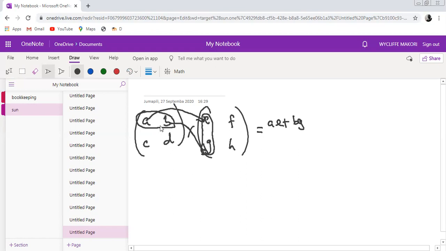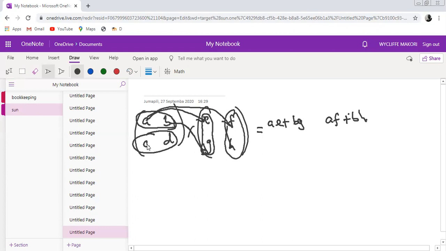Then after doing that, we go to this first row, and then it should multiply the second column here. So we are going to have A times F, which is going to be AF, B times H, which is the same as plus BH. And now the first row of the first matrix has multiplied the two columns of the second matrix. Then we come now to the second row.